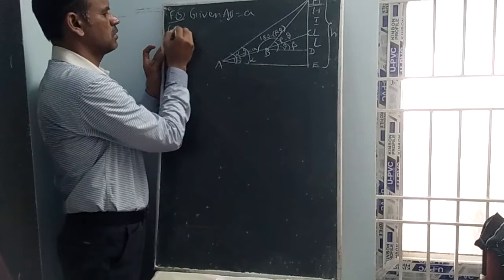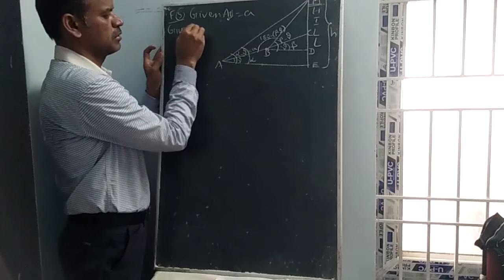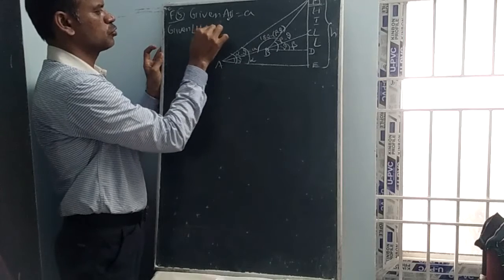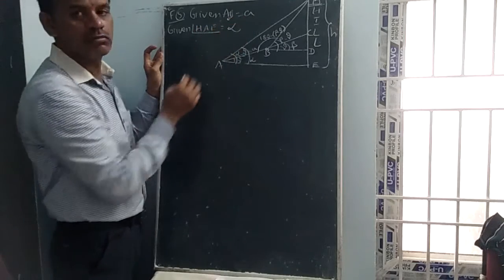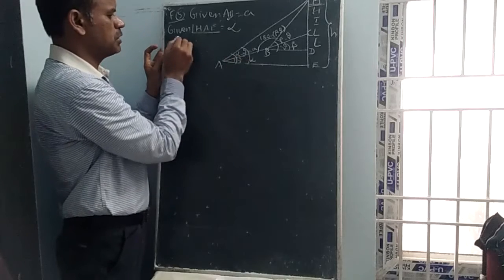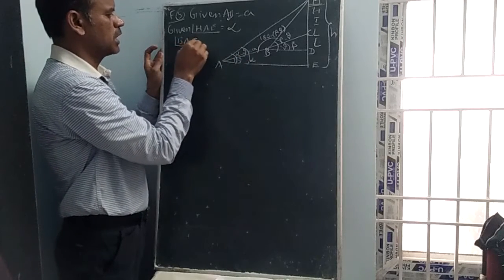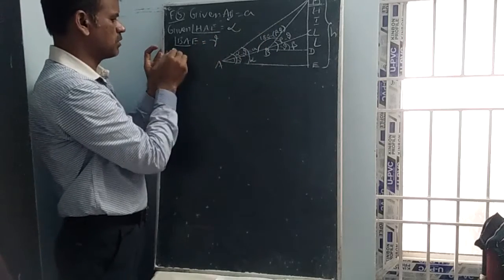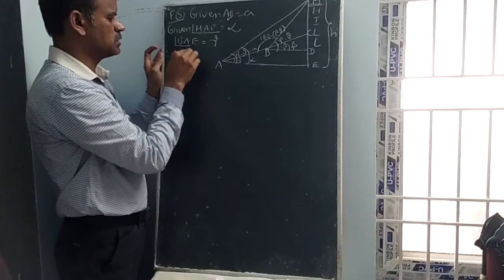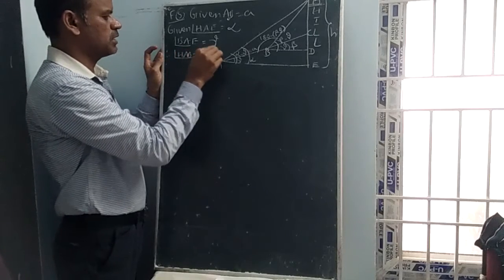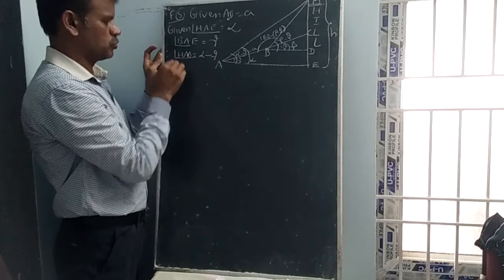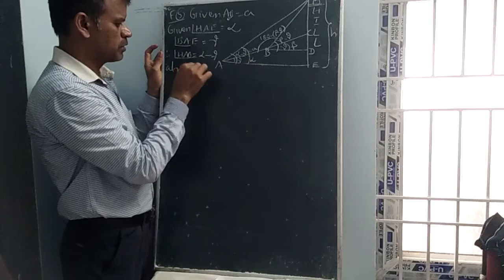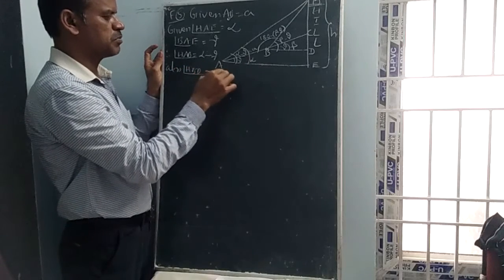Given, here each and every letter I am writing, given angle HAE, total angle HAE equal to alpha. Next angle BAE, angle BAE he gave as gamma. Therefore, angle HAB is equal to alpha minus gamma. In a similar way, he gave the angle HBD, total angle is beta.